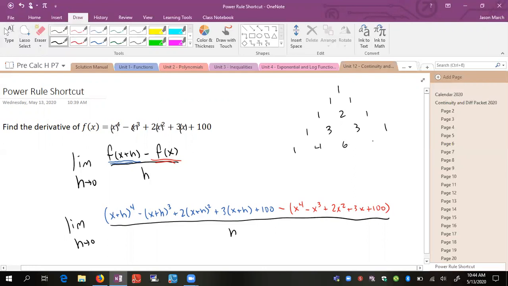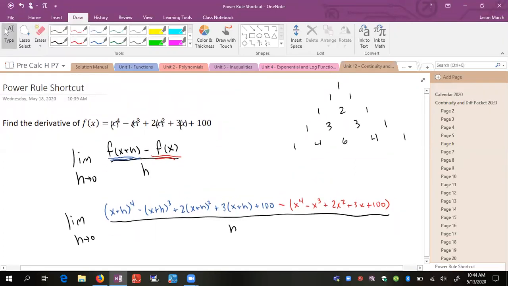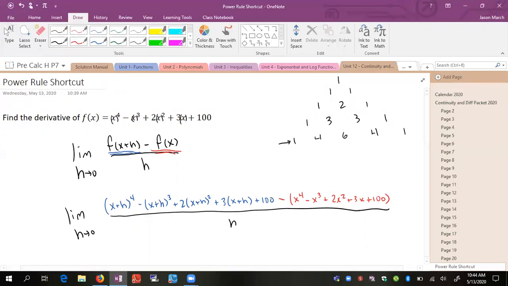I'm going to say at this point, just trust me on this. It works, so we'll go with it. So when I do x plus h to the fourth, I'm utilizing this line. That's going to be all the coefficients when I multiply out x plus h by itself 4 times.